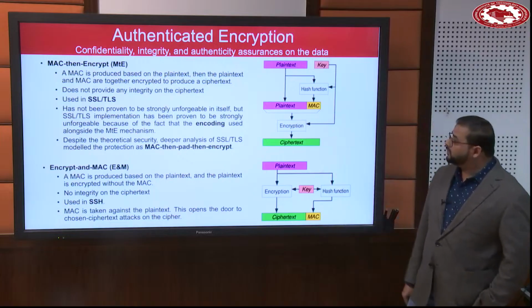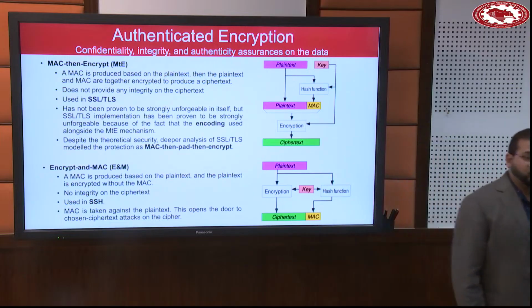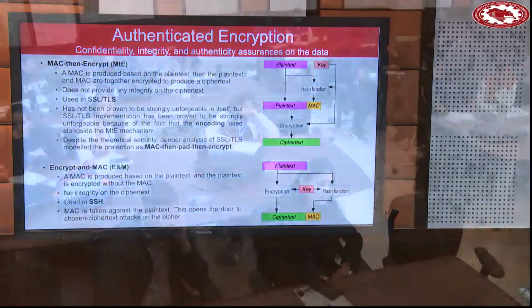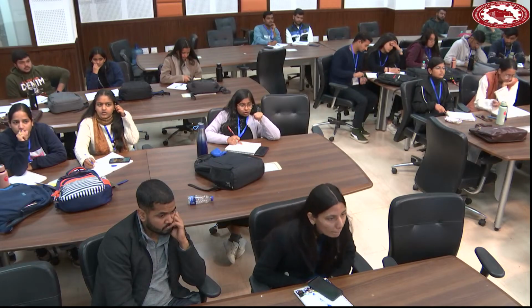What is the difference? What difference do you see? Is there any difference? The difference is this: when the recipient receives this ciphertext, it doesn't know whether the ciphertext it receives is correct or not.